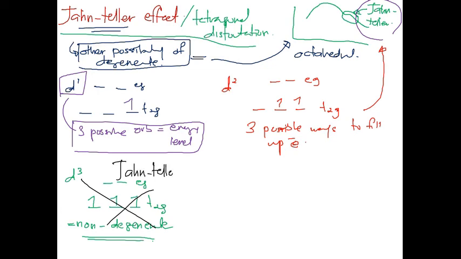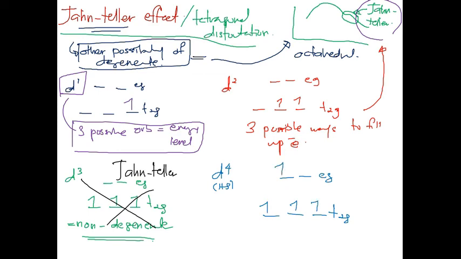Okay, kita ambil contoh satu lagi pula. A d4. So okay, 1, 2, 3, t2g and eg. So d4, for example, this is a high spin d4. We have 1, 2, 3, 4.